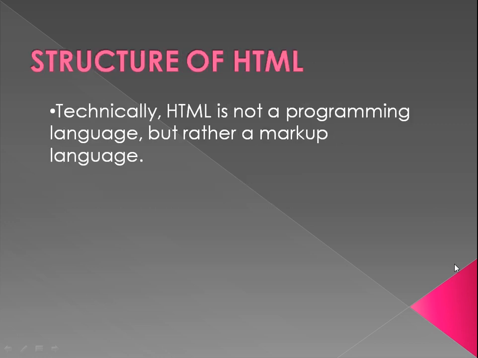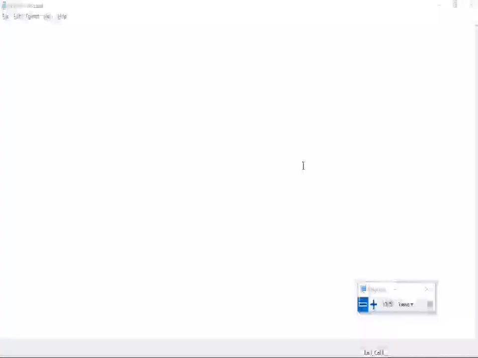Next we'll see the structure of HTML, right? Technically many people think that HTML is a kind of programming language, but it is a markup language. We will go and see practically what a markup language is and how we can build a simple HTML page.